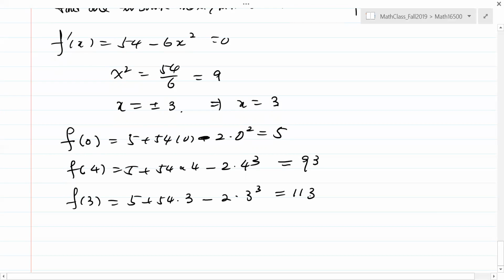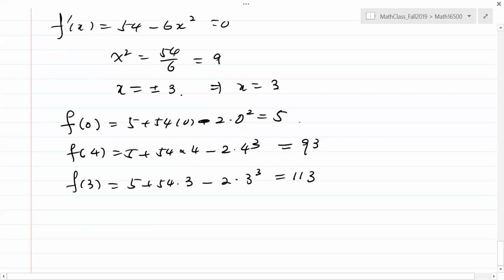So we don't know how to draw the graph, but it's okay. We see that you have 3 values, right? If the function has a maximum value, the absolute maximum must be one of them. Because if f of c is the absolute maximum value, then c must be either the critical number inside or an endpoint.